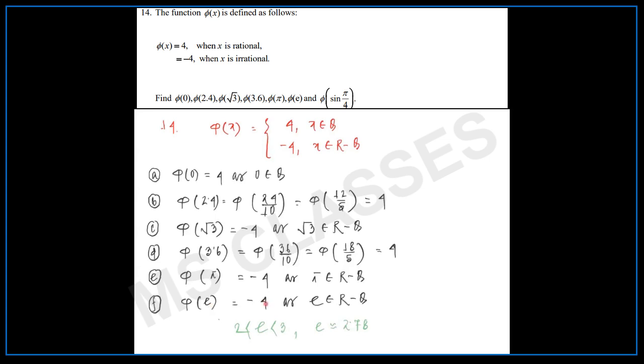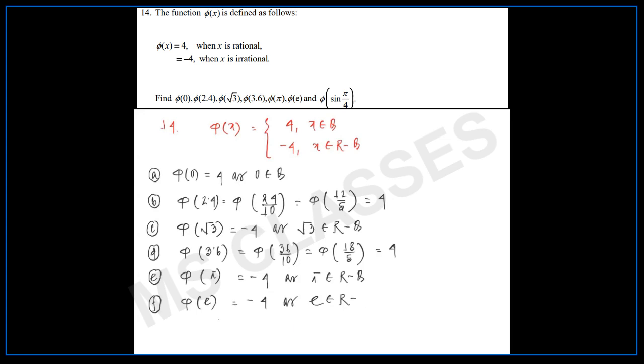Why? Because we have taken e. Now e belongs to what? e belongs to R minus Q. Why? Because e is not a rational number. It is the Euler number.